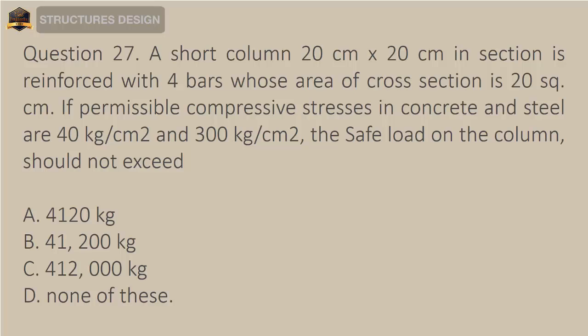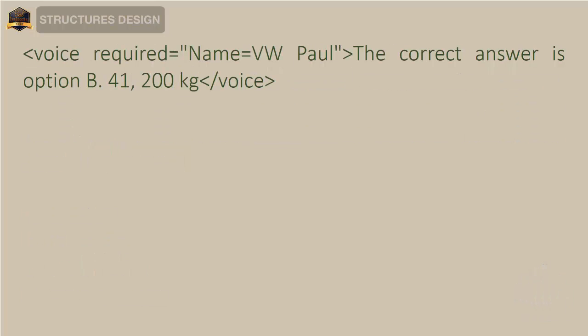If permissible compressive stresses in concrete and steel are 40 kg per centimeter 2 and 300 kg per centimeter 2, the safe load on the column should not exceed A, 4120 kg, B, 41,200 kg, C, 412,000 kg, D, none of these. The correct answer is option B, 41,200 kilograms.